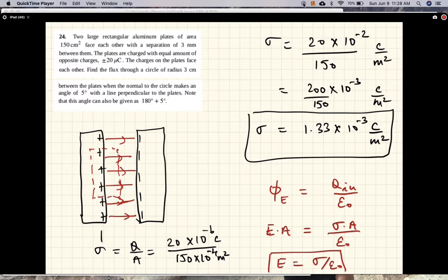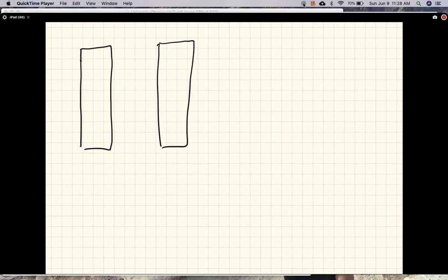So now we'll find the flux through a circle of radius 3 centimeters between the plates. Okay, so let me redraw the diagram again. There is the plate, and here's our circle.